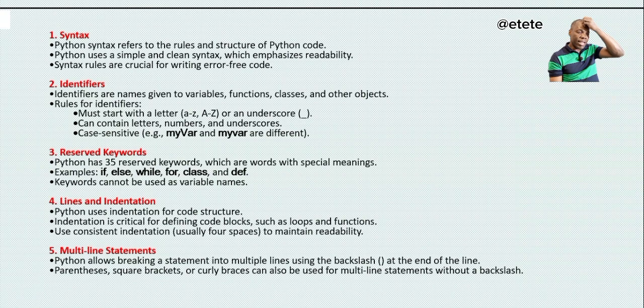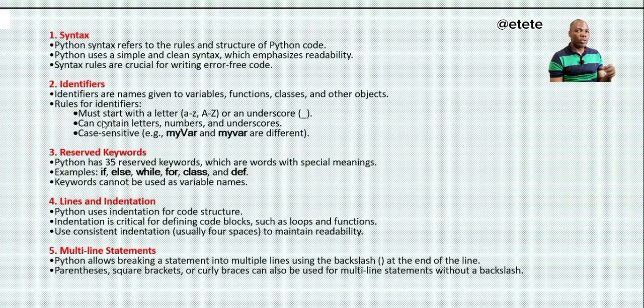So, rules for identifiers: how do you give names? That is what it's telling you. Identifiers must start with a letter, that is lowercase a to z or capital letter A to Z. They all mean different things because Python is case sensitive: lowercase a and uppercase A mean two different things. Or an underscore.